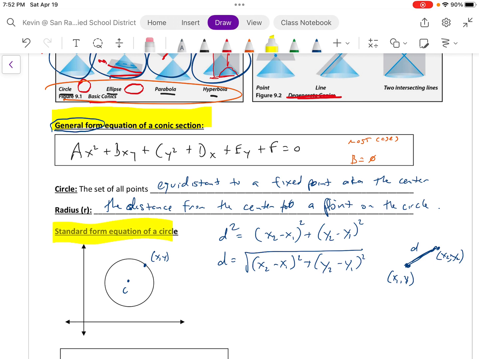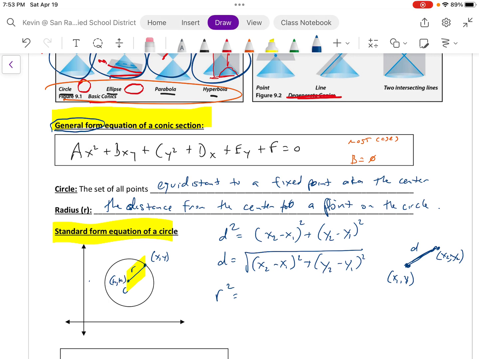Okay, so for the standard form equation of a circle, we're going to use that equation, but we're using it to find our radius. So radius squared equals, and in this case, we're not going to use x sub 2.